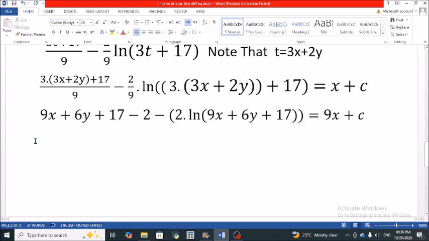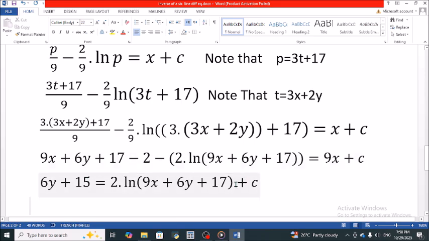The solution of our differential equation takes this form: 9x plus 6y plus 17 minus 2, that's plus 15, minus 2 ln of 9x plus 6y plus 17 equals 9x plus c. So in this step our equation reduces: the 9x on the left-hand side cancels with the 9x on the right-hand side.